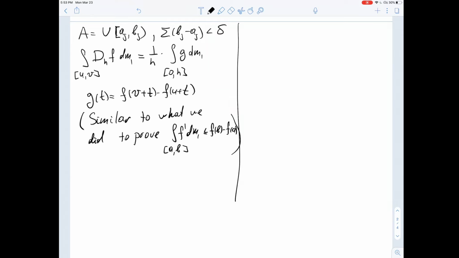Okay, so now if we have these intervals disjoint, if the half-open ones are disjoint, then these are also disjoint. Then the shifted intervals aj plus t, bj plus t are also disjoint.